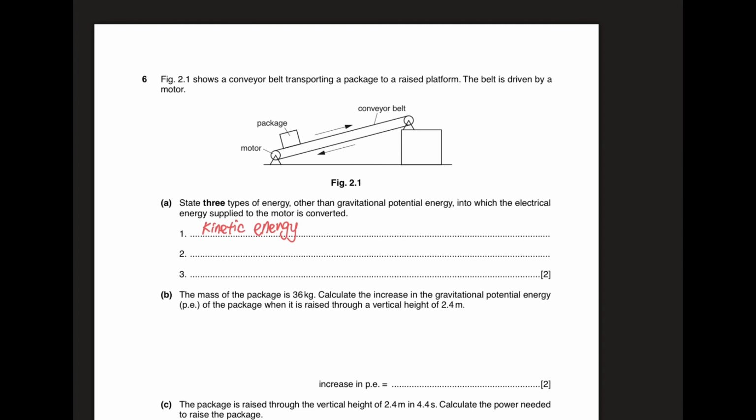Okay. One of the famous answers is heat energy. You may easily think of, okay, the conveyor belt has friction with the pulley and produces heat. So this should be one of the famous answers, heat energy.